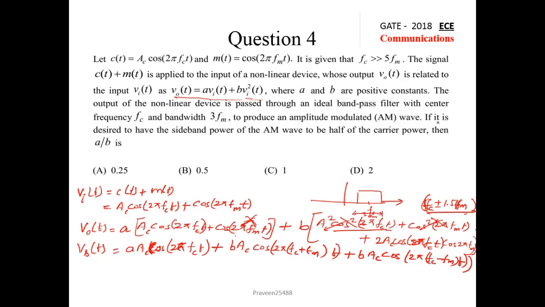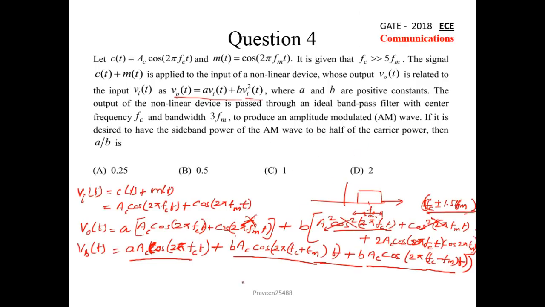Now, it is desired to have the sideband power of the AM wave to be half of the carrier power. These two terms give the upper sideband and lower sideband, and this term gives the carrier signal.